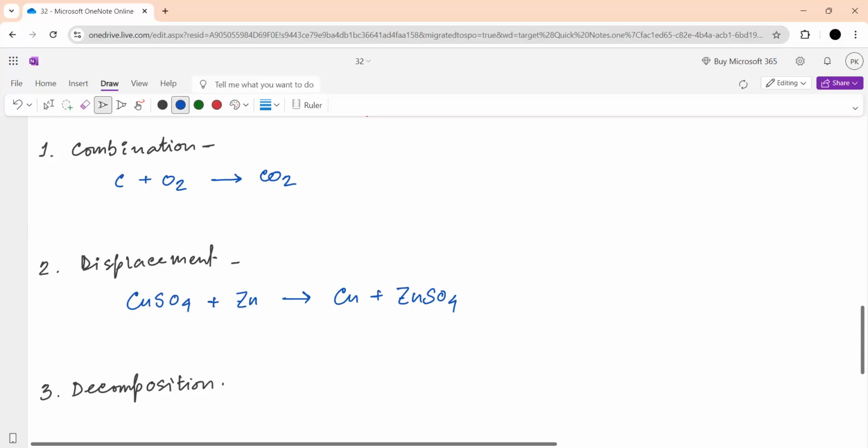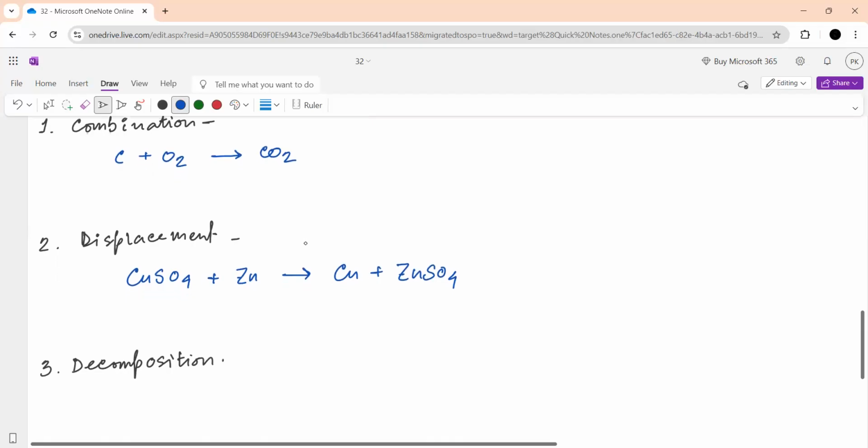So this displacement reaction, we can say that this is equivalent to the substitution reaction we have read in organic chemistry. Okay. And finally, we have decomposition reaction. And an example for decomposition.